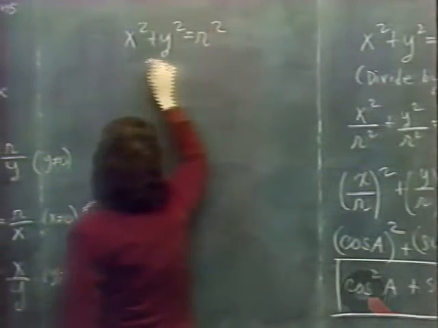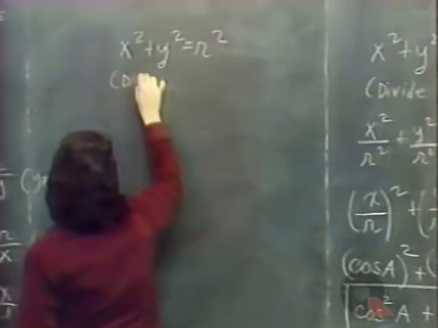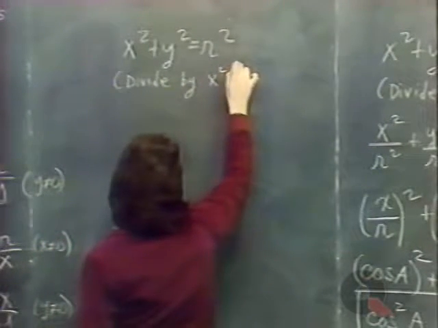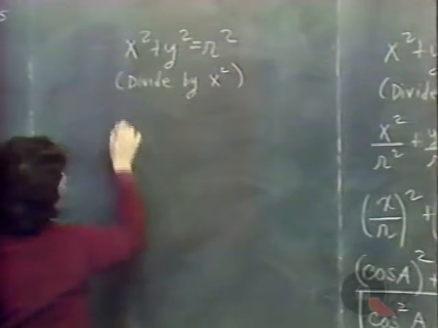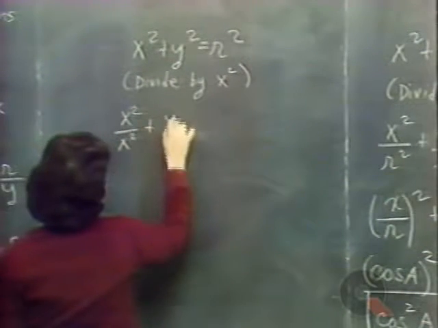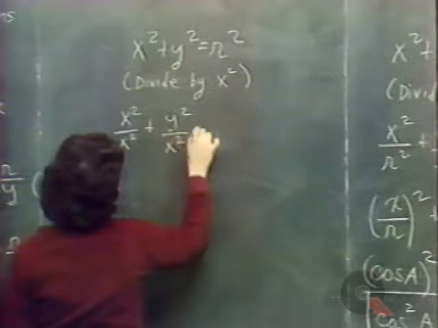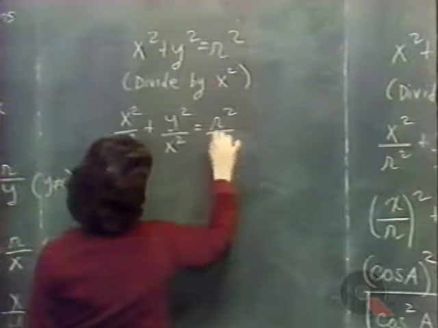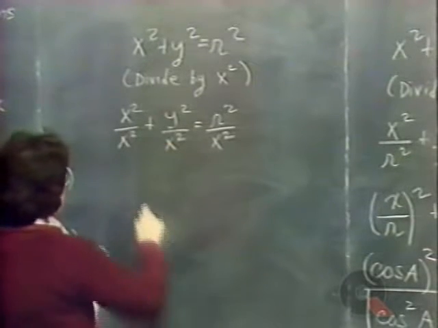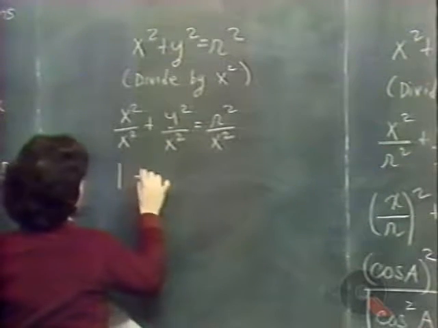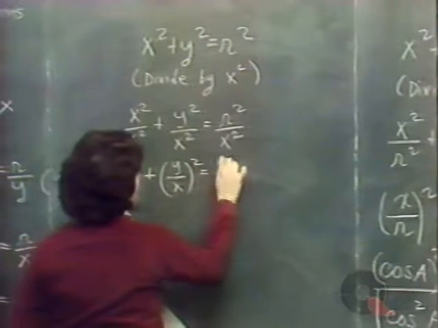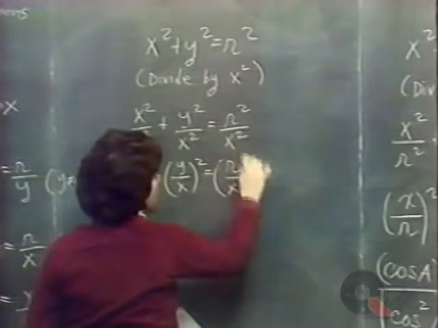And this time we divide by x squared. So we get x squared over x squared plus y squared over x squared equals r squared over x squared. Or 1 plus (y over x) squared equals (r over x) squared.